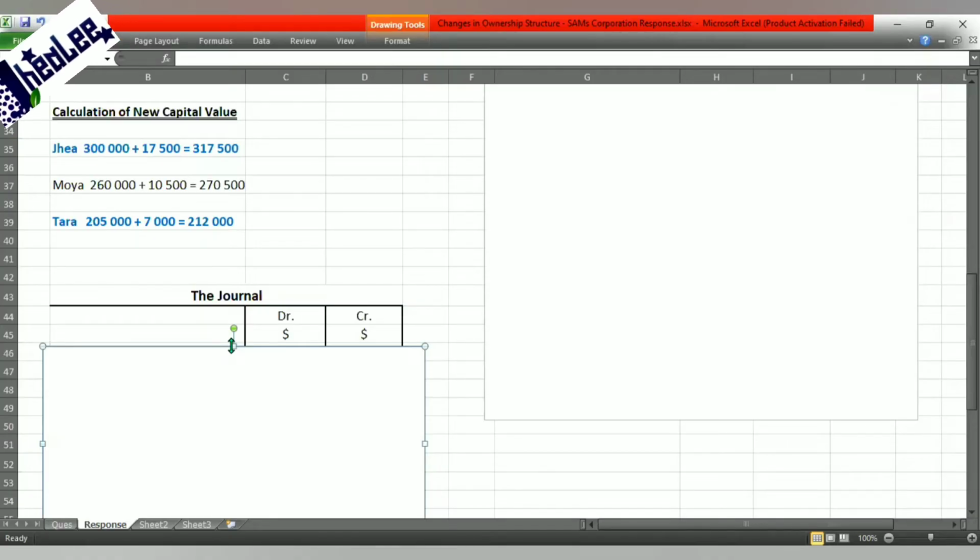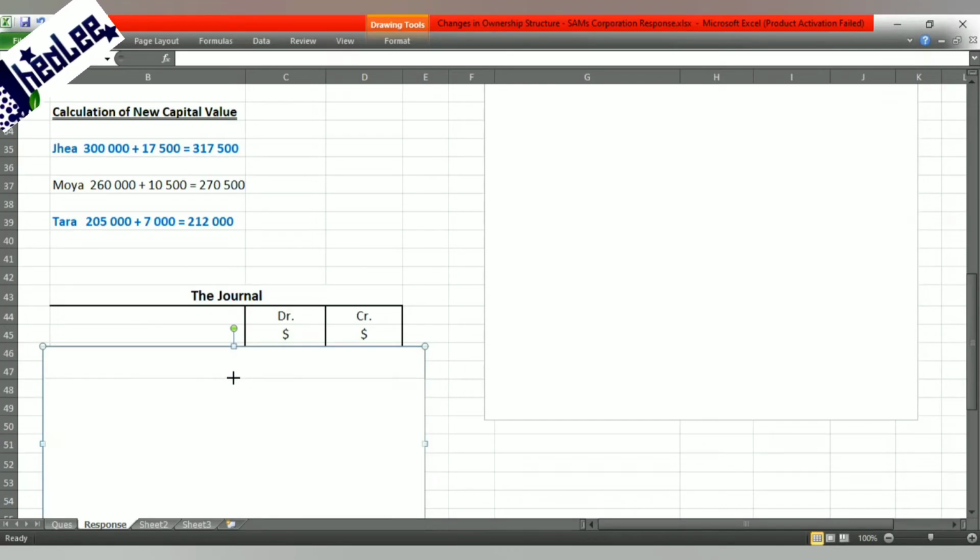The relation is no longer partners, but because they're now purchasing shares, they're referred to as shareholders in the firm. So we're going to transfer that value from the partner's capital account over to the share capital account. In doing that, we're reducing the partner's capital, and so our partner's capital account is debited.